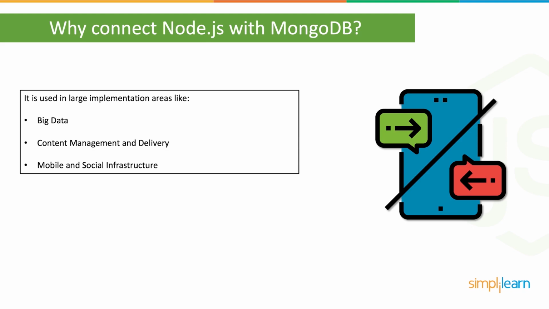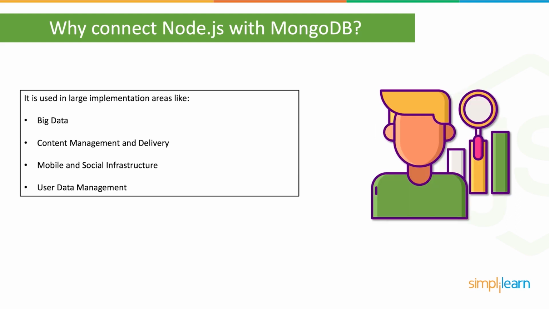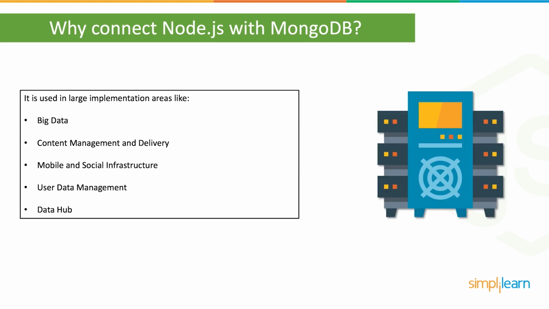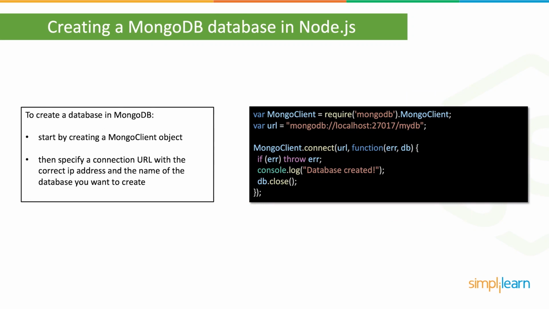It has an effective mobile and social infrastructure, which allows you to build out solutions that can go to all modern-day types of applications. The data is very easy to manage through your central data hub. And finally, connecting to MongoDB is very easy, particularly as there is a client called Mongoose that makes the connection extremely easy.